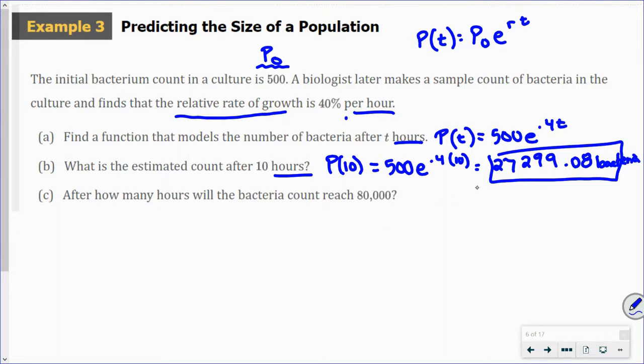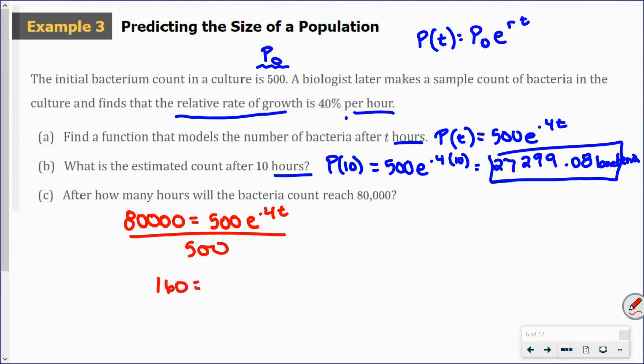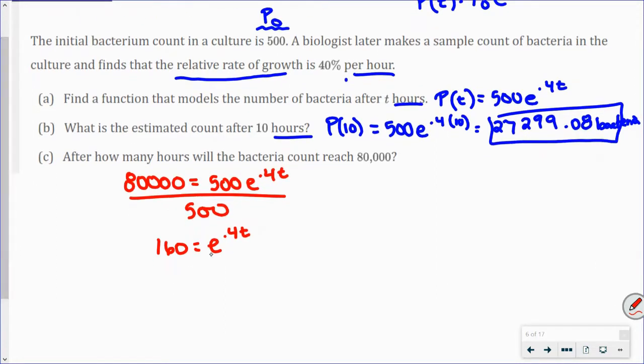Okay. All right. After how many hours will the bacteria count reach 80,000? So here we're setting it equal to 80,000, and we're solving for time. So 500 e to the 0.4 t equals 80,000. So divide by 500. 80,000 divided by 500 is 160. e to the 0.4 t. To get it out of exponential, we write it into logarithmic.